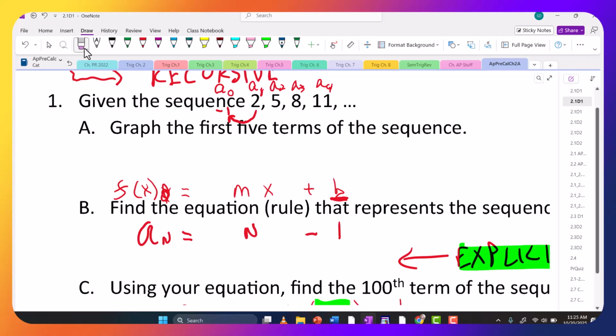What is that common difference? 3. Now if I plug in 4, I should get what a sub 4 is, which is 11. So what's a sub 4? That's 3 times 4, minus 1. What does that become? 11, which is the a sub 4th term.